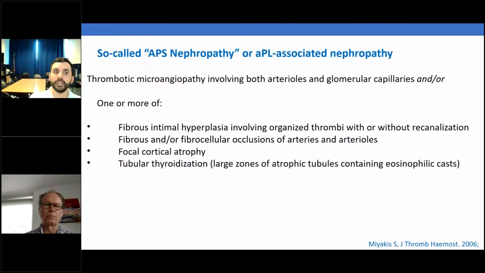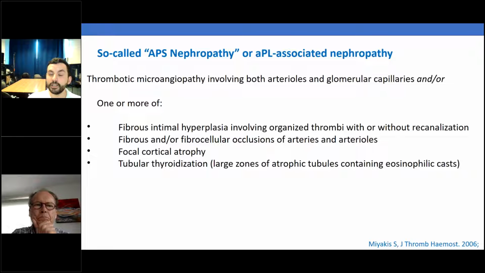The use of "and/or" and the inclusion of one or more of the following has led over the years to a huge heterogeneity in what has been referred to as APS nephropathy in the clinical course that we have so far available. So I want to state that the people who described the criteria back in 2006 were very clear in their minds about what can be put under the umbrella of APS nephropathy.